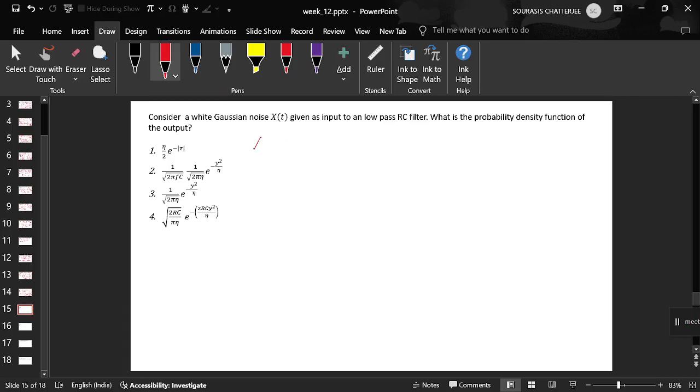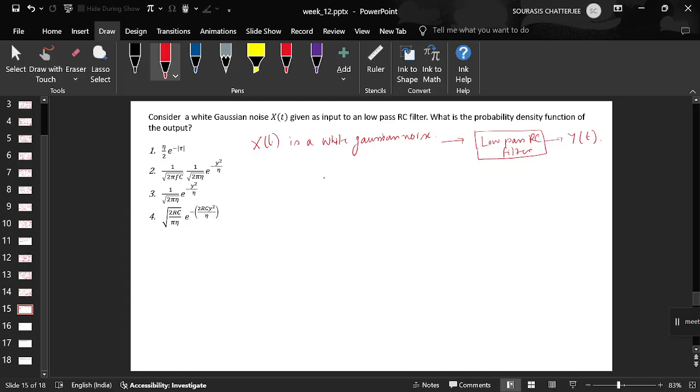Your Xt is a white Gaussian noise. You are passing it through a low pass RC filter, and you are obtaining some other process Yt. So what is the probability density function of the same?